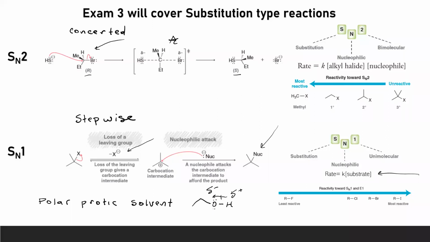So you have this slight delta positive on the hydrogen and a slight delta negative on the oxygen, which allows for hydrogen bonding to occur between the leaving group and your solvent. So that's why a polar protic solvent is typically going to be used in your SN1 and E1 reactions, where you're going to generate a leaving group that can be more stabilized.